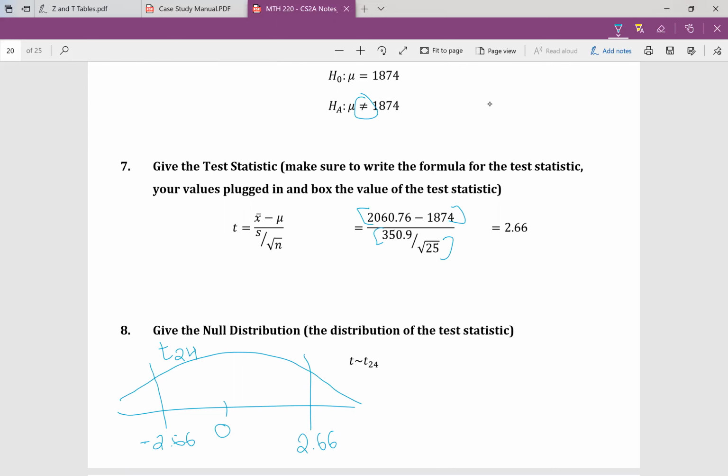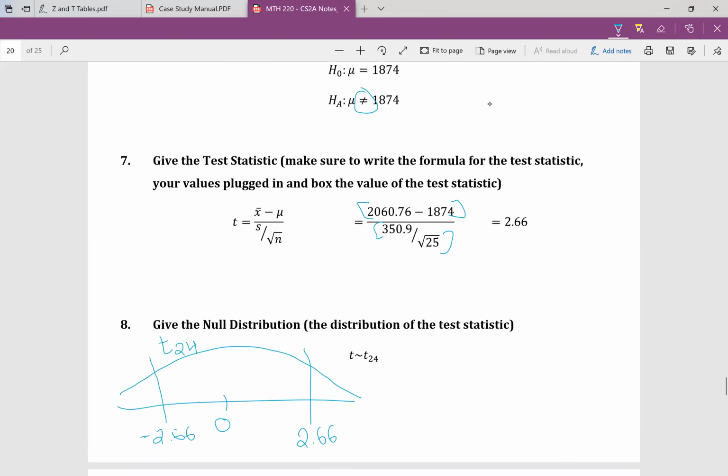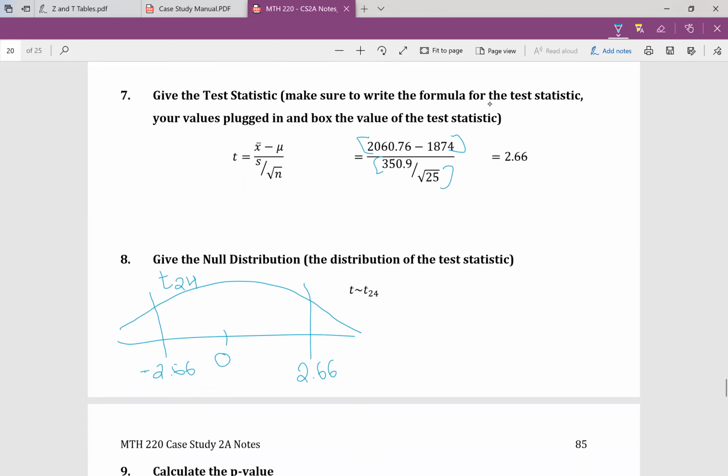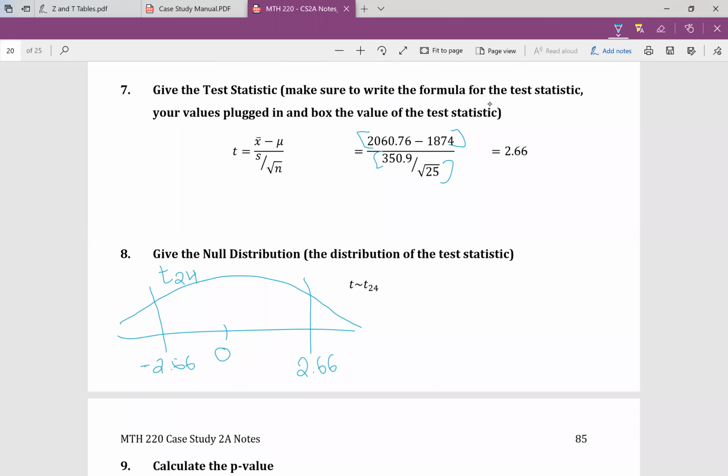Okay, so the next step after the null distribution is calculating a p-value. The first thing we want to do is write our probability statement. Since this is a two-tailed test, it needs to start with 2 times the probability of observing the value of our statistic from our sample, or more extreme, if H0 is true.